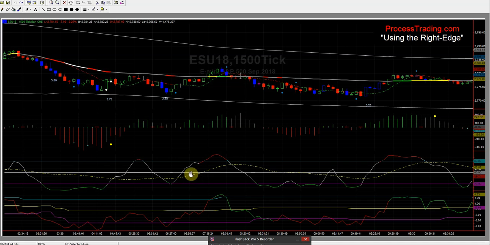This is a sentiment oscillator, and this is a short-term trend oscillator. Now remember, in the very beginning we went over, well, what is oscillation? It's measuring amplitude from high to low, etc. Well, both of these are oscillators, but they work in different ways.